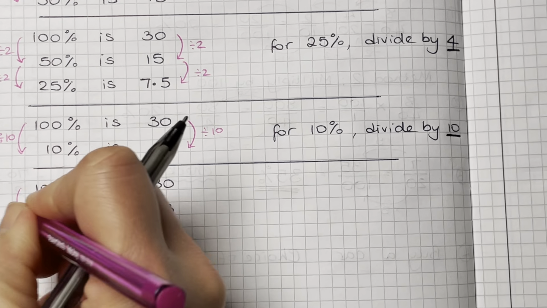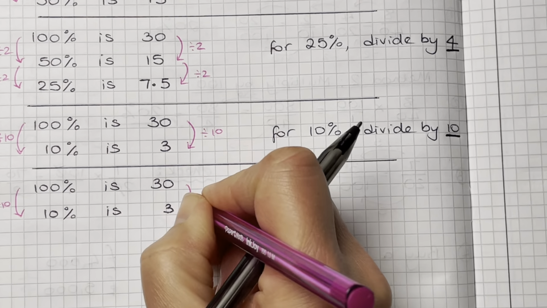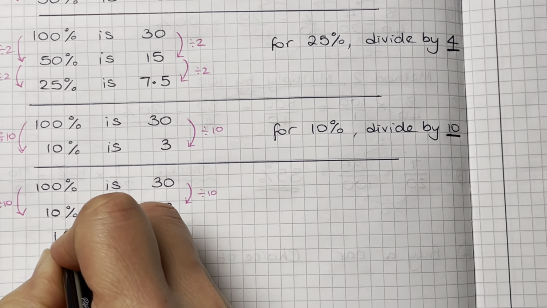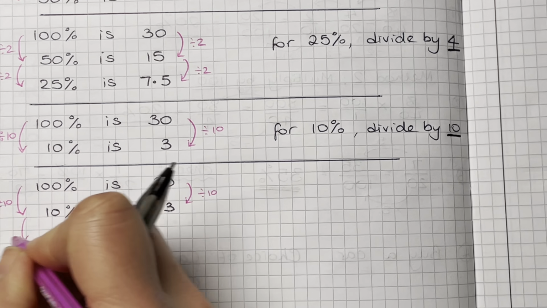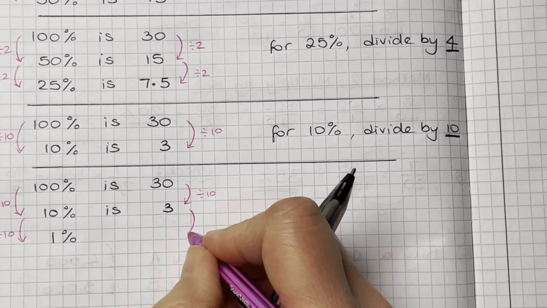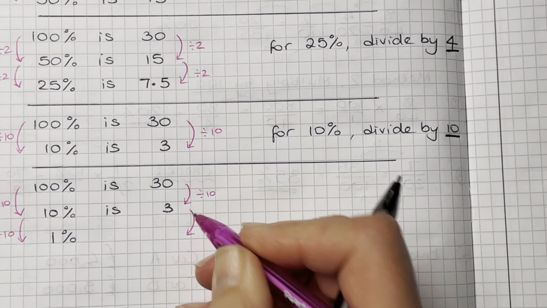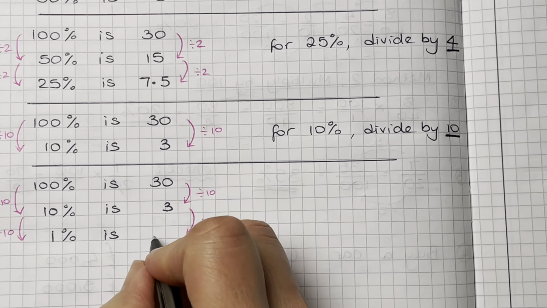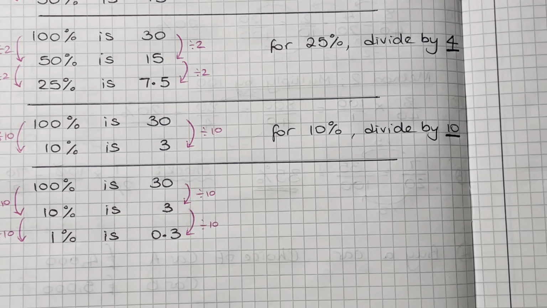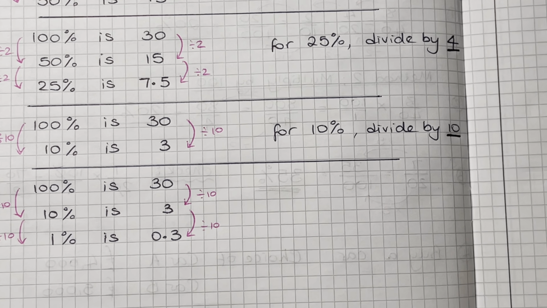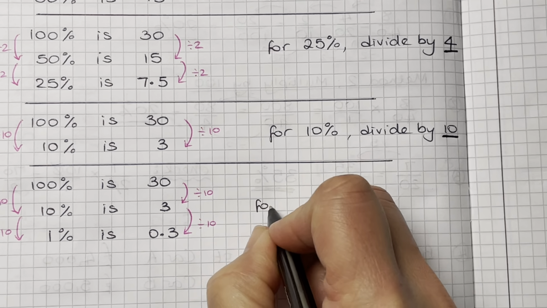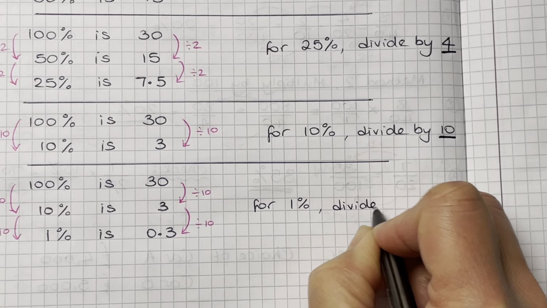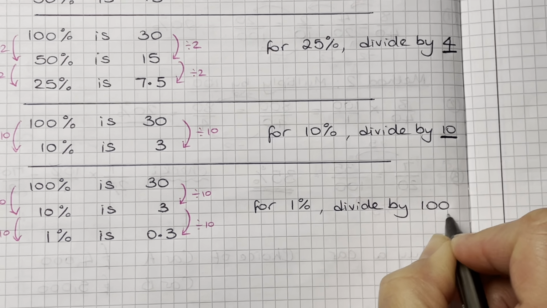We can do our 10% first, dividing both sides by 10. And then to get from 10% to 1%, I'm going to divide by 10 again. 3 divided by 10, I need to move my place value 1 to the right. And that is going to give me 0.3. So my last key learning point for this is for 1%, I'm going to divide by 100.